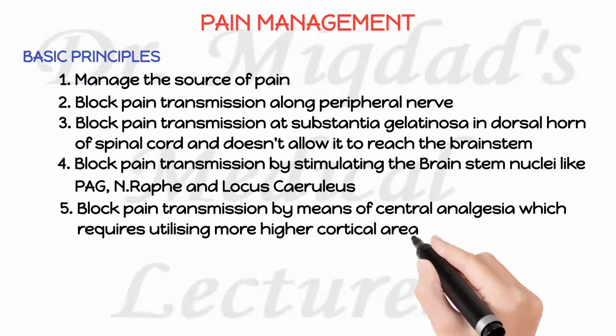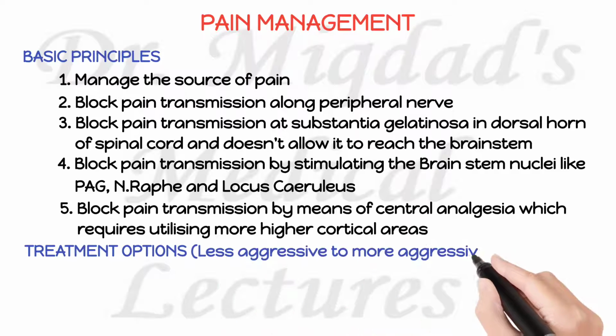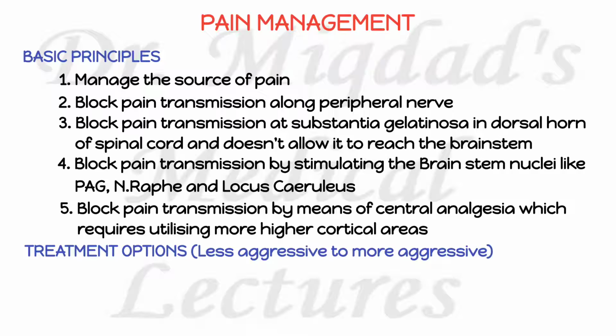Now with the above principles in mind, let's come to the treatment options which we have. We will discuss them in order, that is from least aggressive to more aggressive options. Of course, it does not mean that for every case we will first try the least aggressive option and then proceed to more aggressive ones. No, it's not like that.